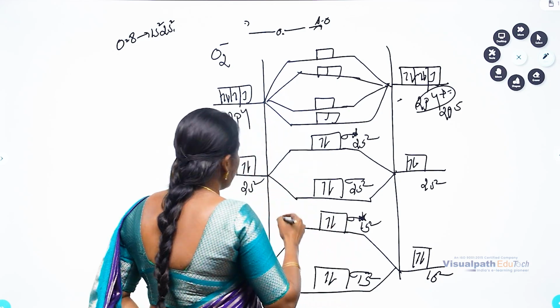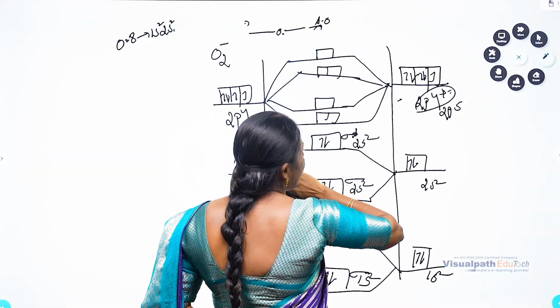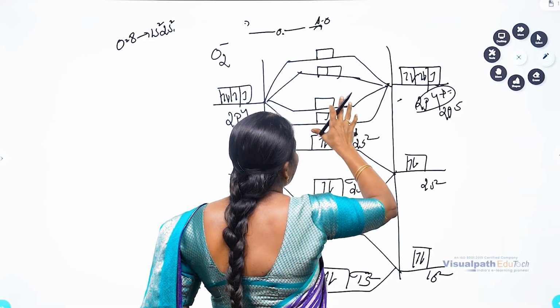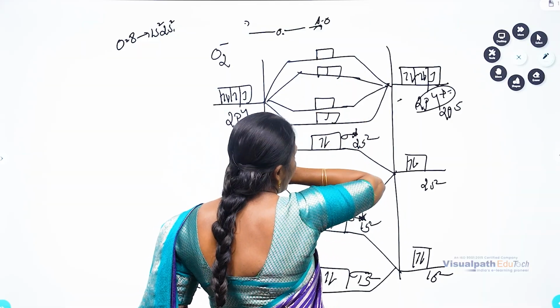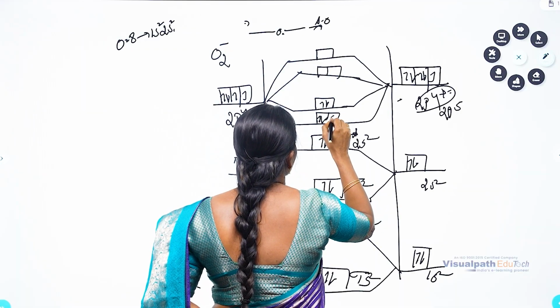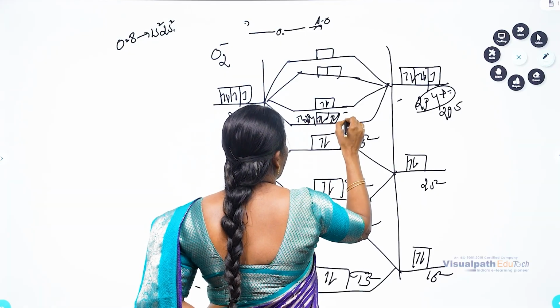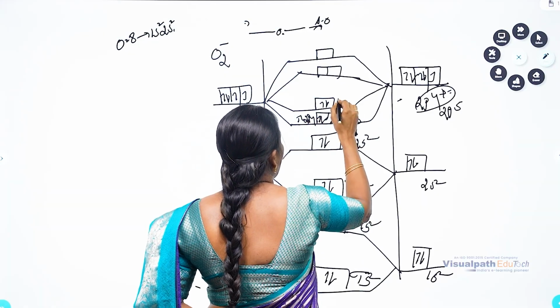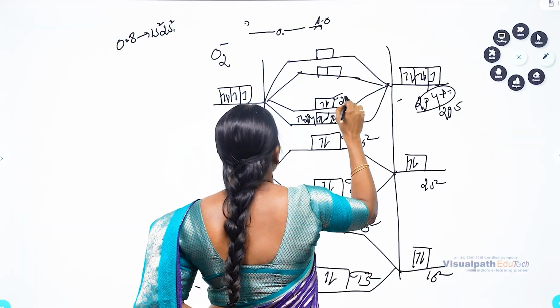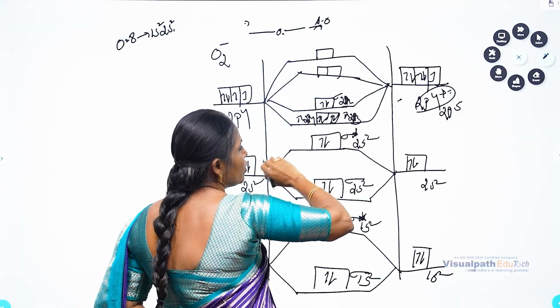So now we see here in which 4 and here 5, total how many here? 9 electrons are there. So first these enter into the bonding orbitals. Okay. So here it enters into the bonding, that is the pi 2py and pi 2pz and sigma 2px. So here only 6 electrons enter into the bonding.